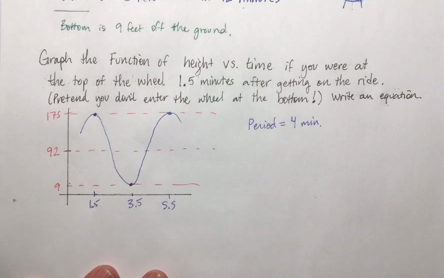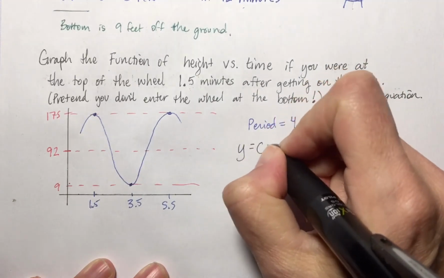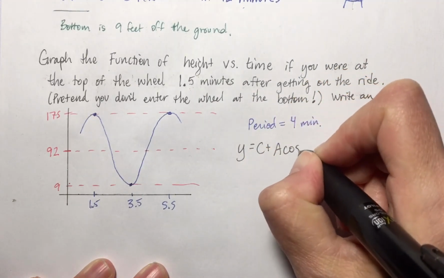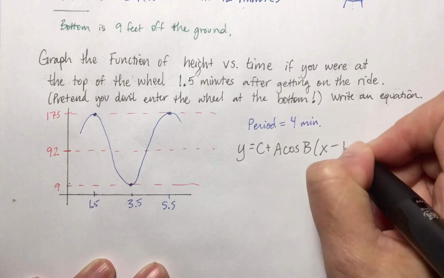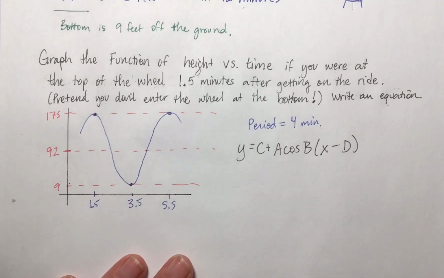So in order to find the equation, if we have y equals c plus a cosine b times (x minus d), that could be sine obviously as well. I like cosine better since cosine starts at the top and I can find the top easily. But we need to figure out the a, b, c, and d parts.